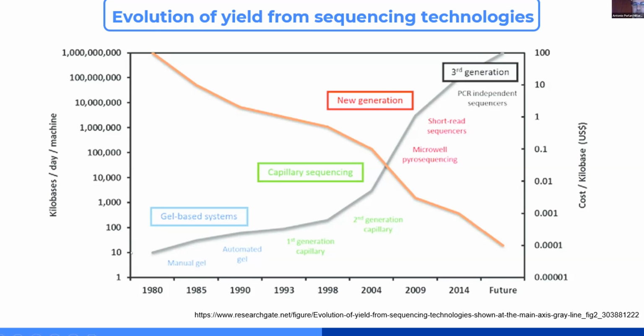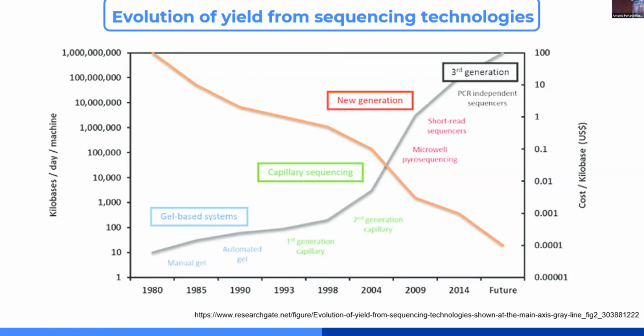So it was inefficient, and the cost per kilobase was quite high. Over the years, the yield and costs per kilobase sequenced have improved exponentially, to the point that today we can obtain more than 1 billion kilobases per day per machine. It's a quite huge number, and it has been really fast.